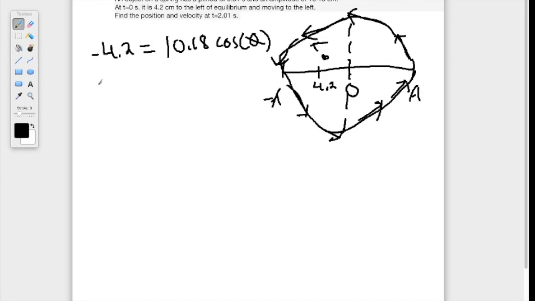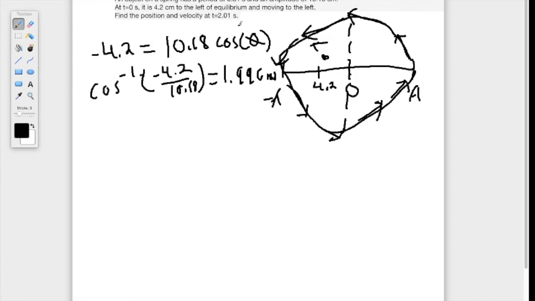So we get the arc cosine of negative 4.2 over 10.18, and that equals 1.996 radians.